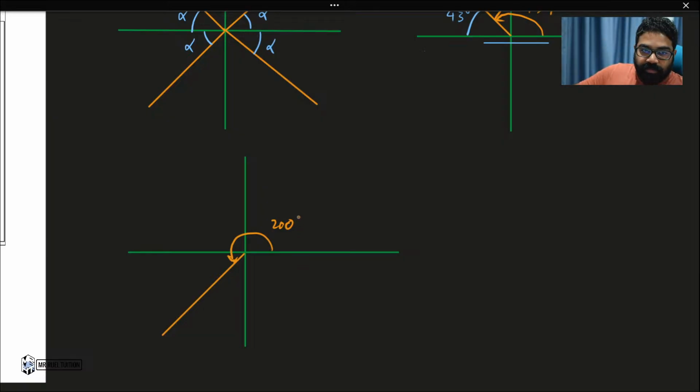Okay, 200. So, what is the alpha here? Apakah alpha di sini? Yes, very good. 20, isn't it? What's the alpha here, class? Kalau sudut ini 200, if this angle is 200, what is the alpha?